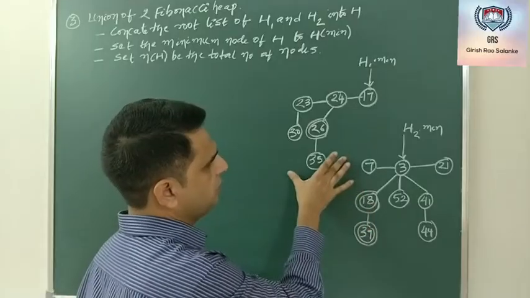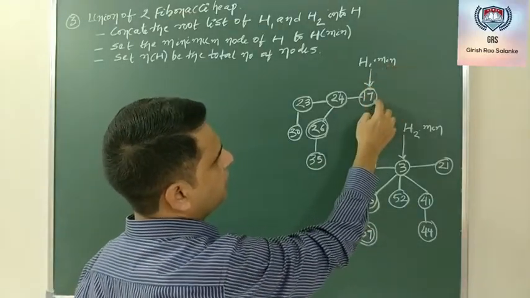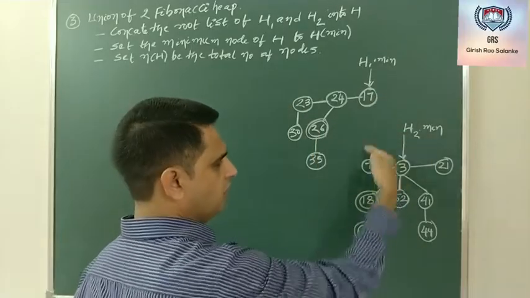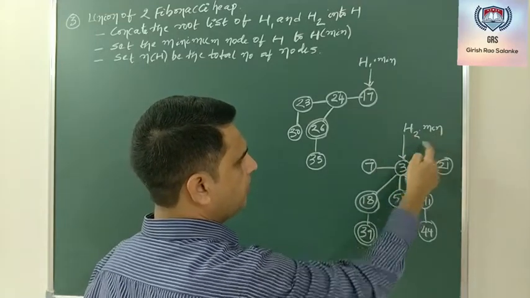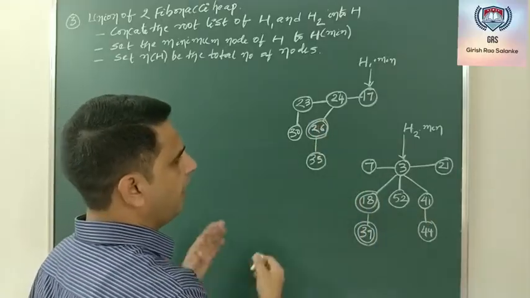In the first Fibonacci heap H1, H1.min is the pointer pointing to 17, because in this root list 17 is the minimum one. In the second Fibonacci heap, I have H2.min pointing to 3. Now what do I need to do? I need to concat, I need to add them together.